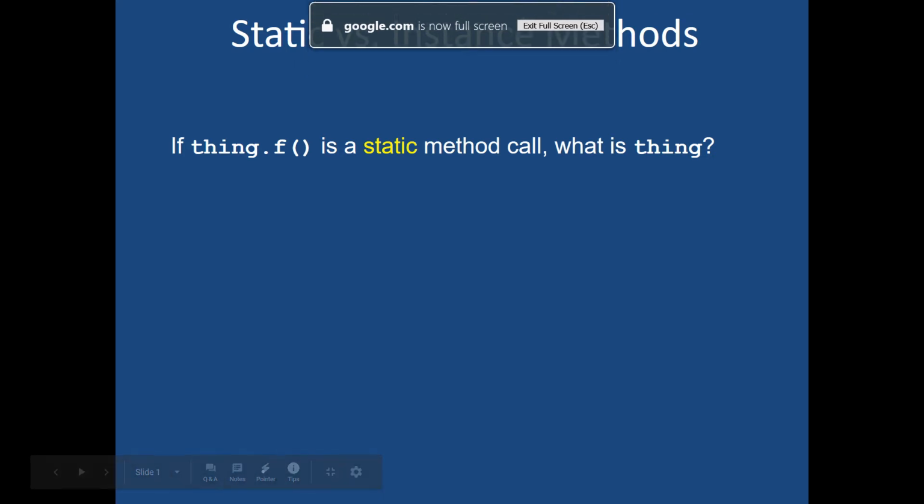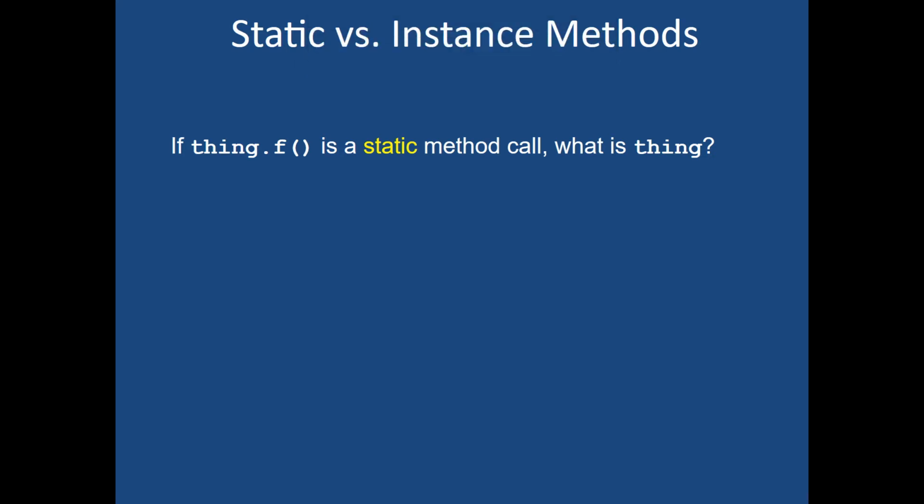Okay, this was actually a question on one of the sample midterms. If you see something like that in a program, and I tell you that f is a static method, then what does that thing have to be?